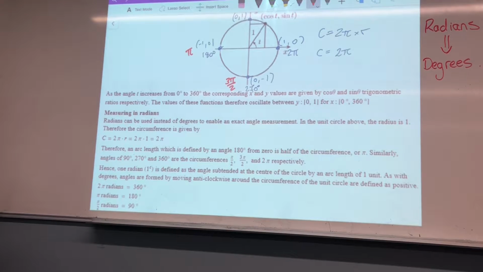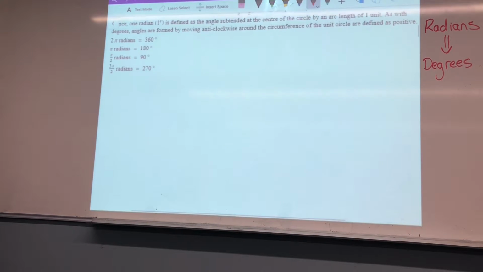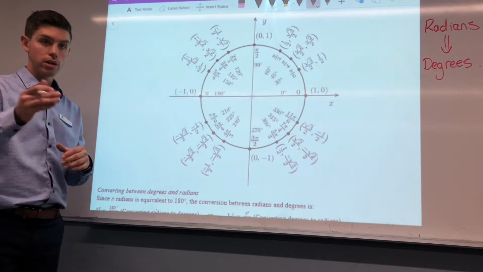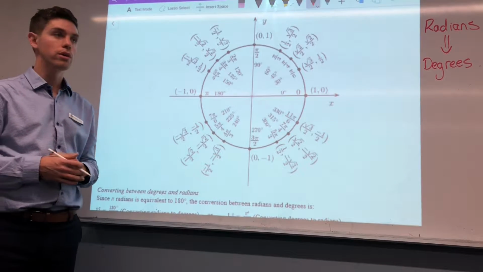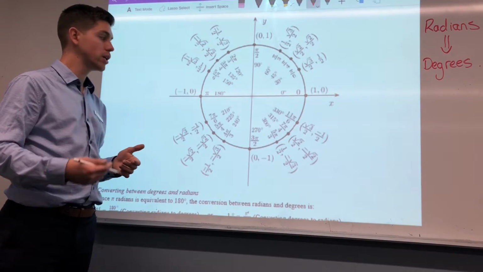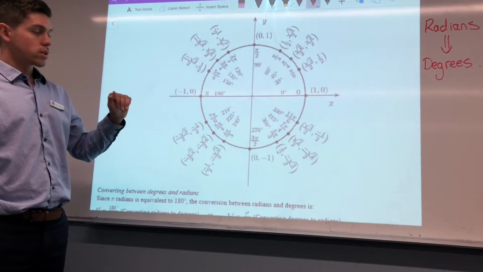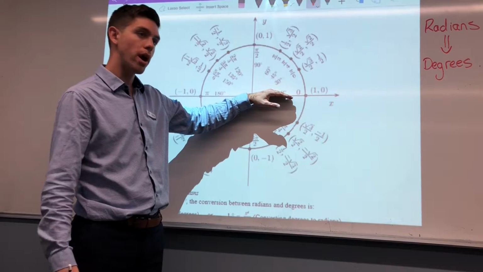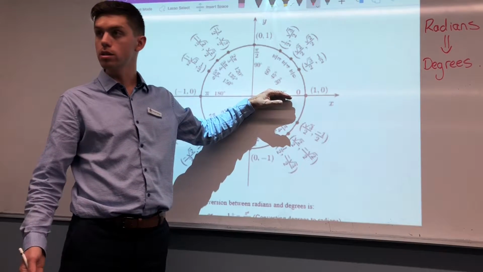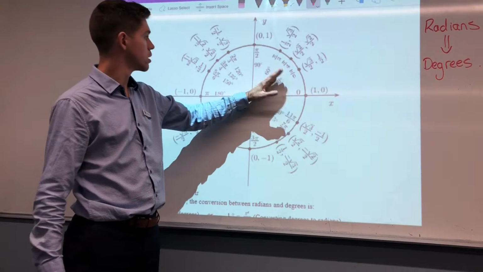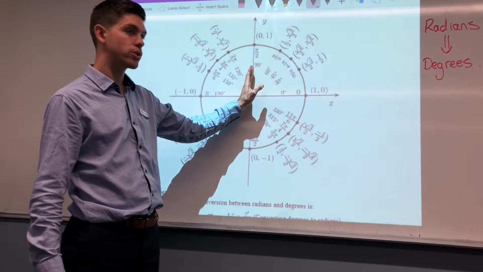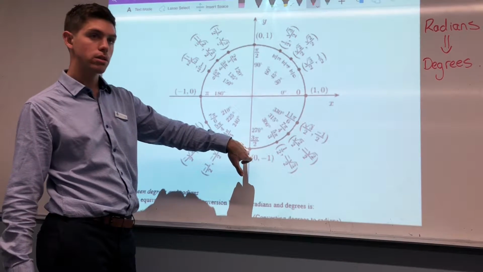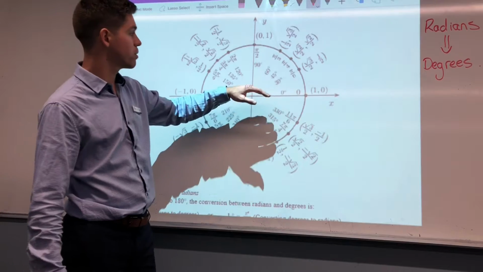Okay, so what have we just summarized? You've got this in your book and in your notes, and this is just a quick snapshot of quite a lot of the commonly used angles. So 0 degrees, 0 radians, or 360 degrees and 2 pi radians. 90 degrees, pi on 2. 180 degrees, pi. 270 degrees, 3 pi on 2. And then we have the parts in between.